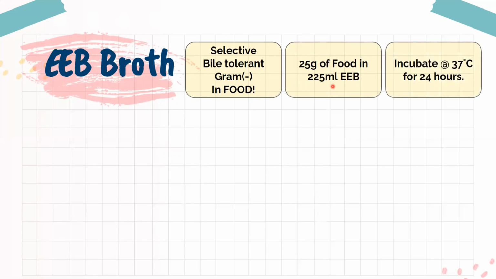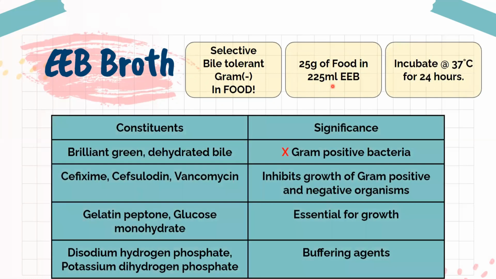Now, this broth has certain constituents that make it quite specific for these cells. So the first set of selective agents are brilliant green and bile. Bile is tolerated only by coliforms and brilliant green would inhibit the growth of any gram-positive organisms. A set of antibiotics, that is cefixime, cefsulodin and vancomycin, are used.